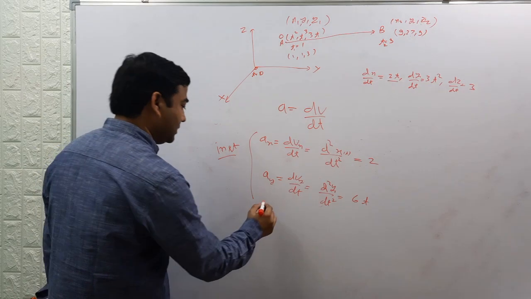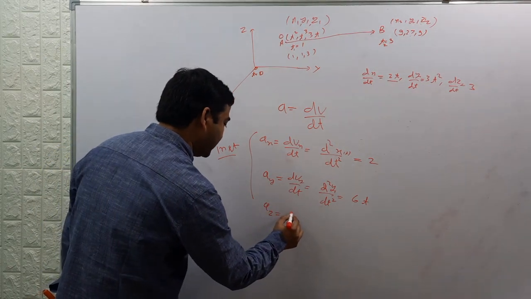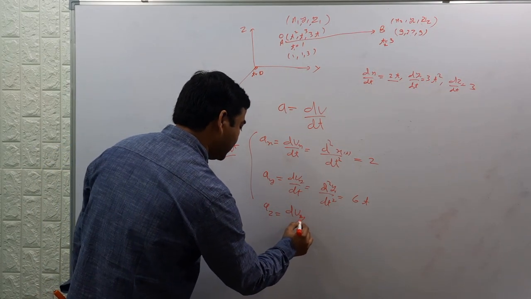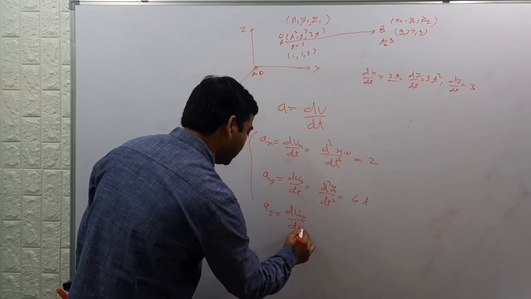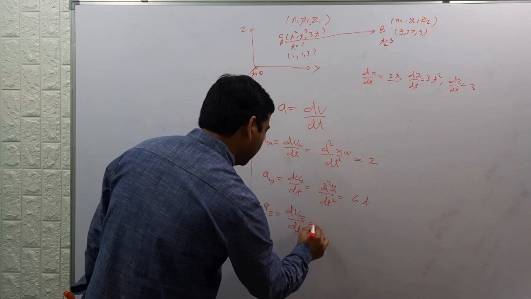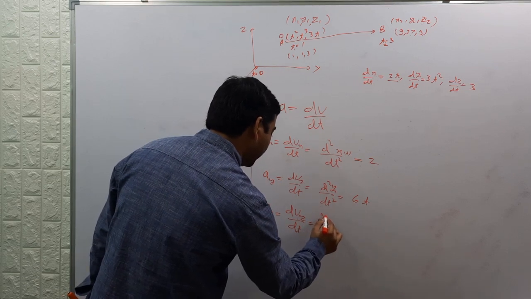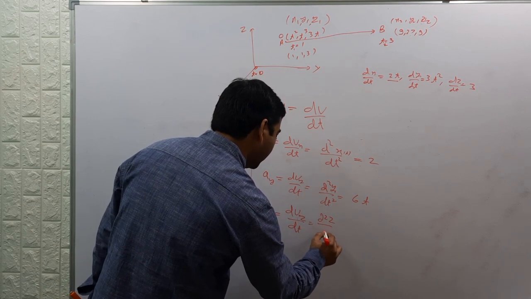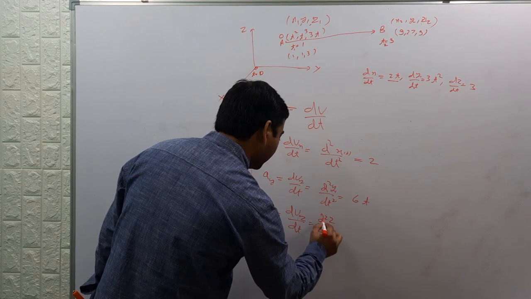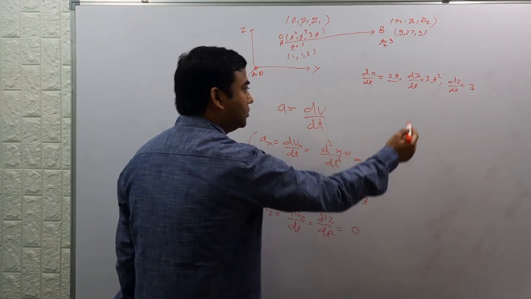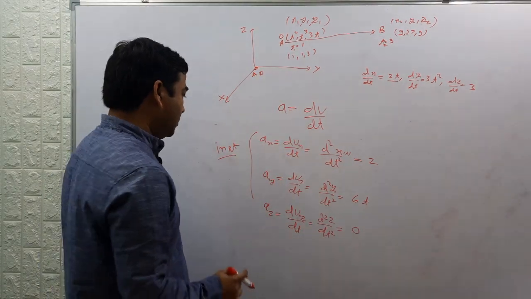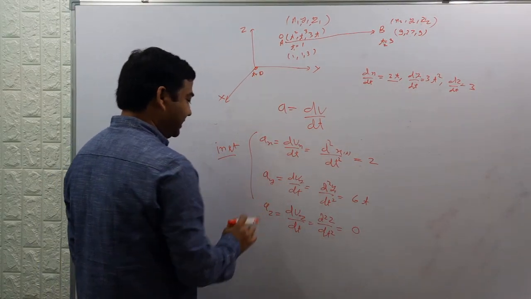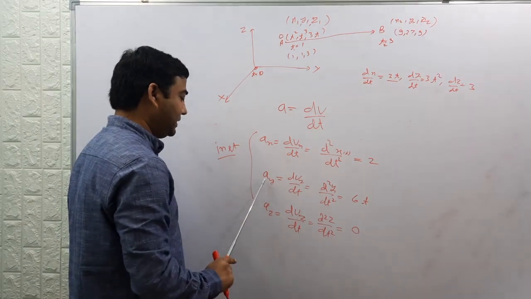And az, z direction instantaneous acceleration, is dvz over dt, or you can write it d2z over dt square, is equal to 0. Second derivative of 3 is 0. So this is instantaneous acceleration in x, y, z direction.